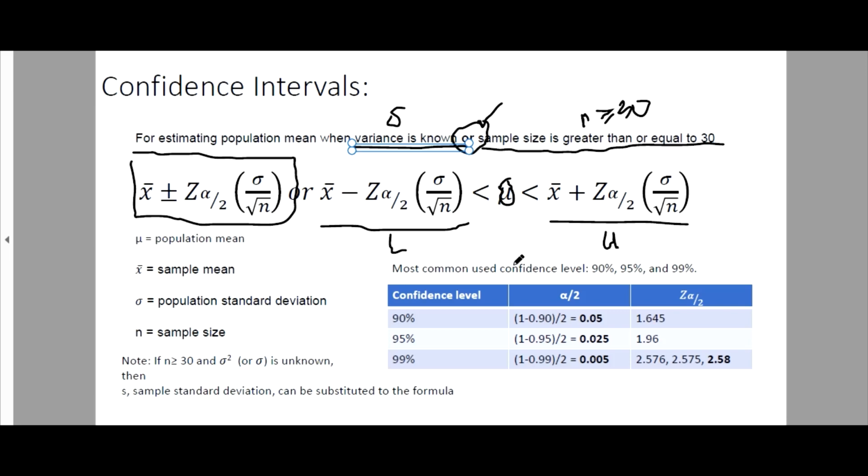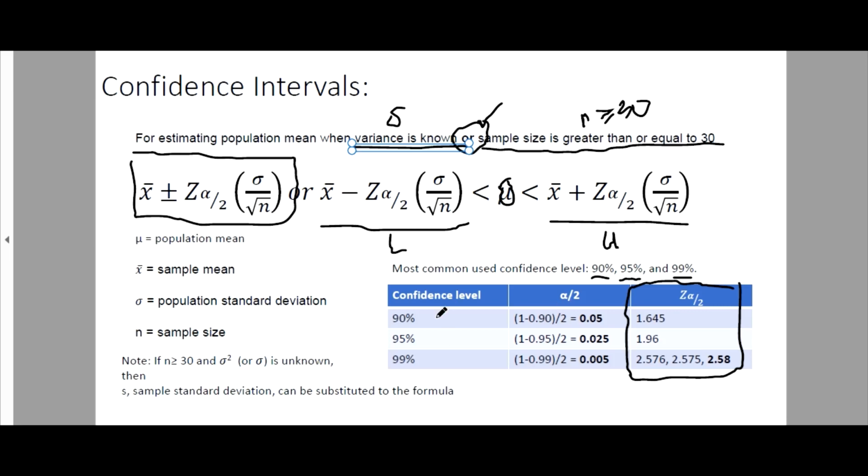Okay, so the most commonly used confidence levels are 90%, 95%, and 99%. So we'll be using these values in order for us to solve the preceding problems.